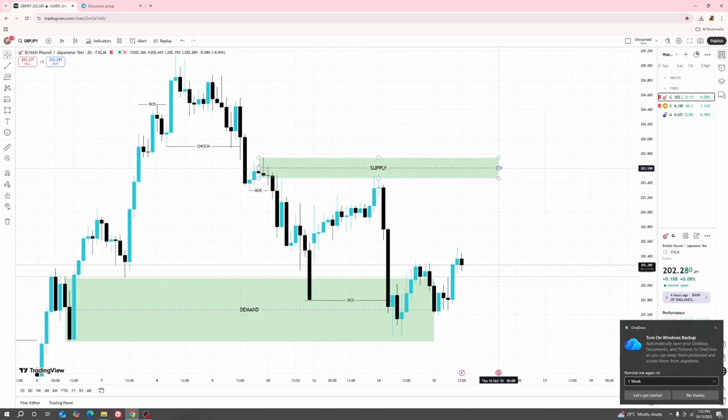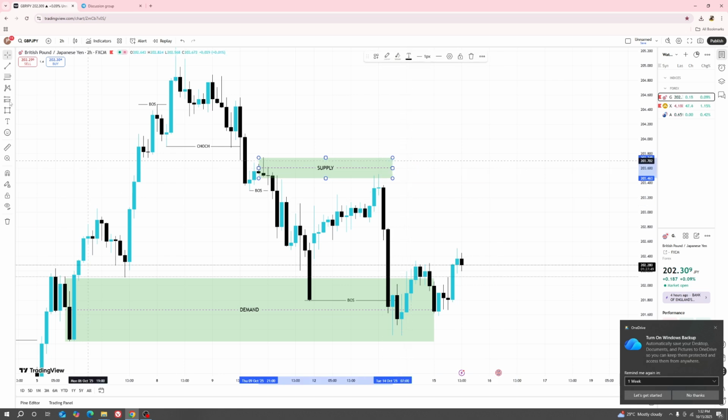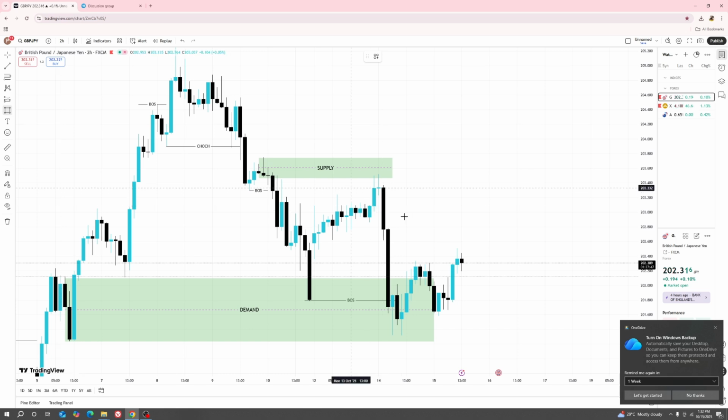So at the 2H, we still have our supply level intact. Price tapped into the supply level, caused a break of structure, and we have a valid new supply level here.